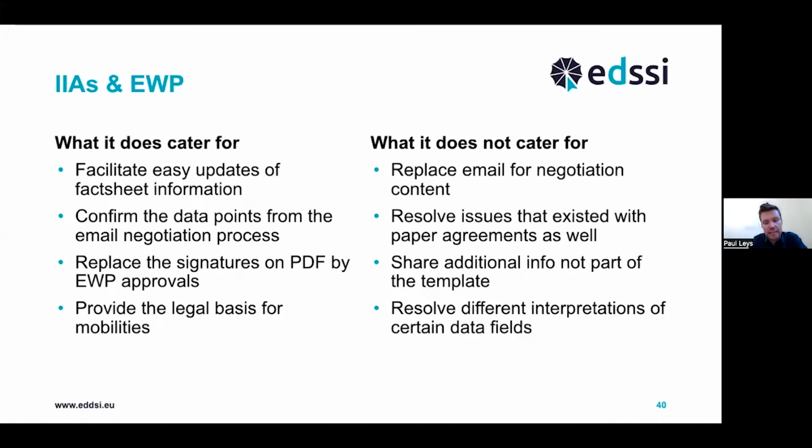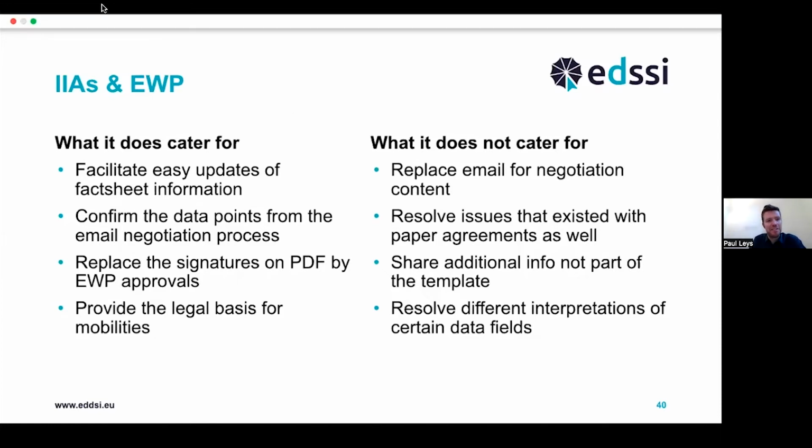Now, what exactly can we do with Erasmus Without Paper when it comes to those agreements? So Erasmus Without Paper facilitates easy updates of the fact sheet information. I'm not sure if you are familiar with fact sheets. I am, and I think it's still a common practice that higher education institutions, partners, are exchanging fact sheets.